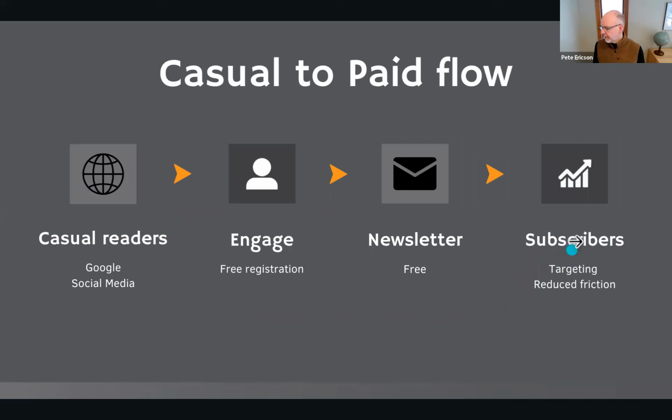And that's where you can get a little more sophisticated. But the main action is you're sending, here are the new articles for today or for the week. The person clicks, goes back to your website, wants to read the article. They registered for free. Maybe you gave them 2 or 3 free articles per month for doing that. They get to read their 2 or 3 free articles, but then they get stopped again. And now it's time to pay.